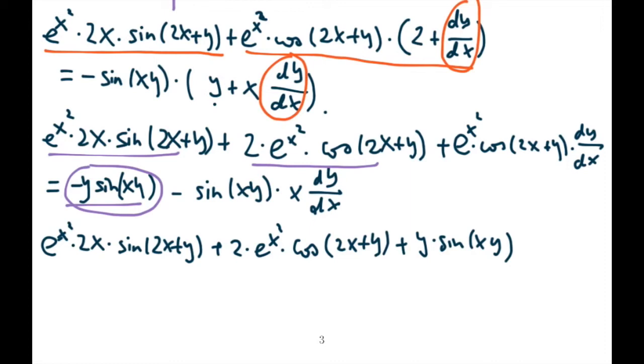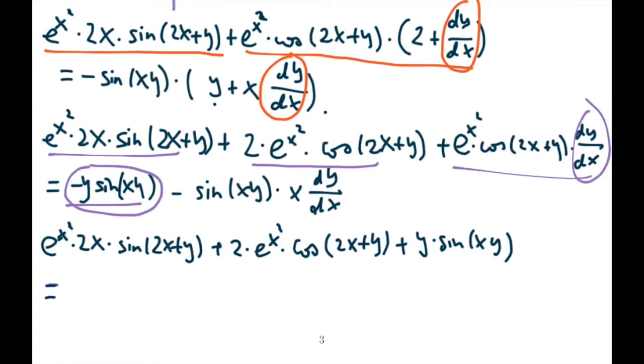Because we're moving this negative y times sine xy to the left-hand side, we change the sign from negative to positive. And then, because this term has dy over dx, we move this term to the right-hand side, and again we change the sign.